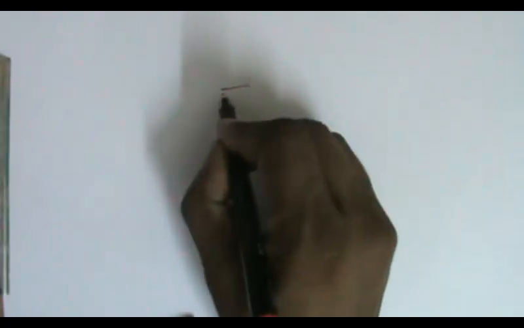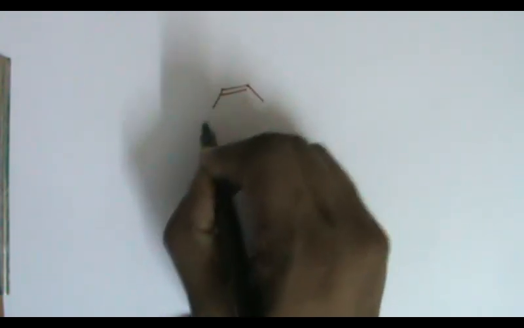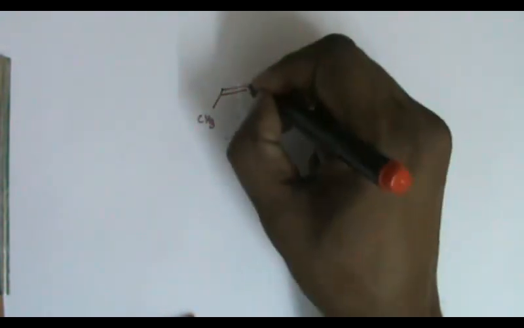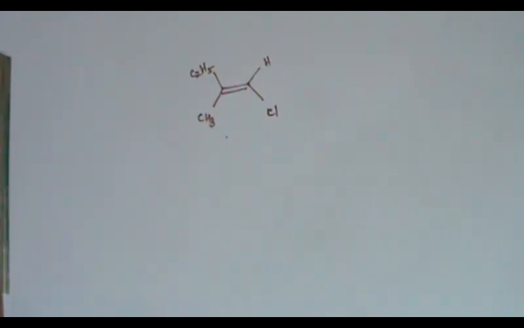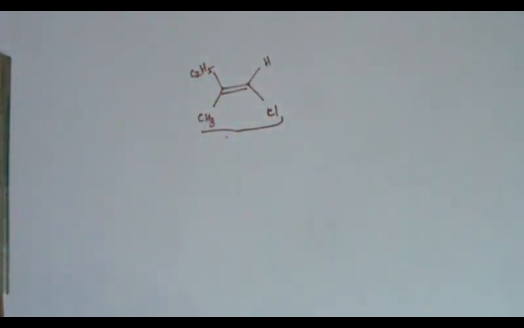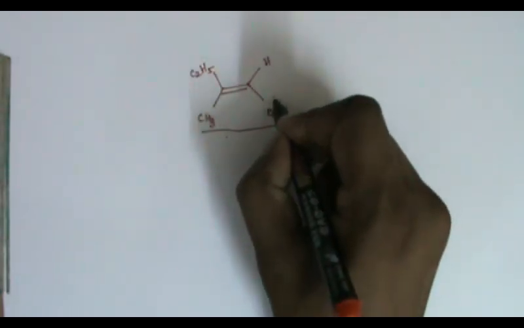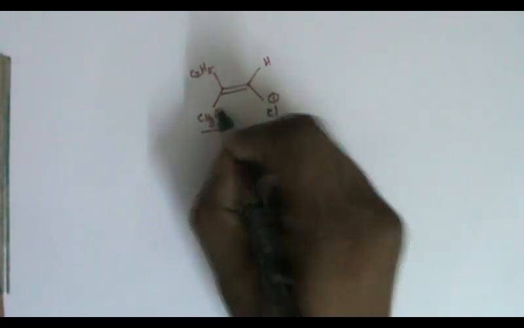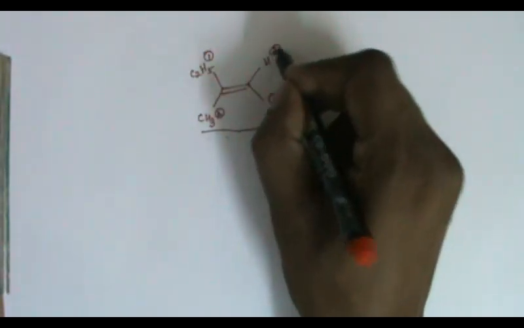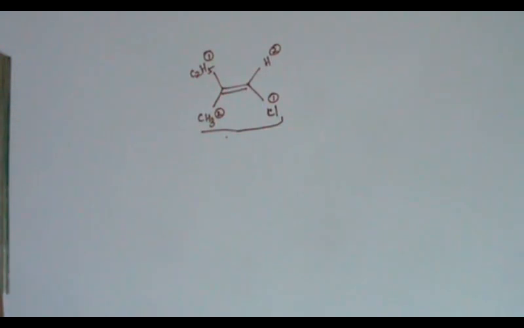It is a very simple concept, but generally students make a mistake here. With this compound, what they do is give 1 and 2 for these two groups. That is wrong. They give priority 1 and 2 here, then they go for 1 and 2 there.